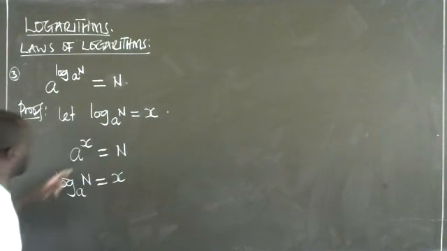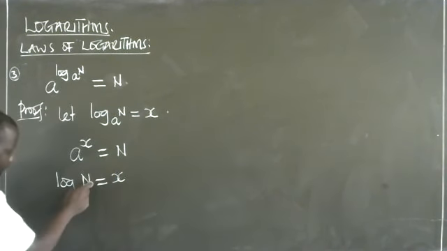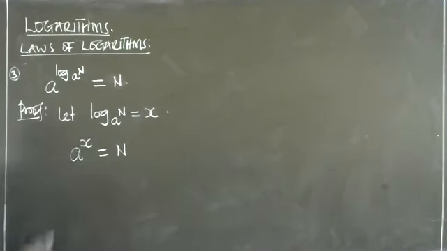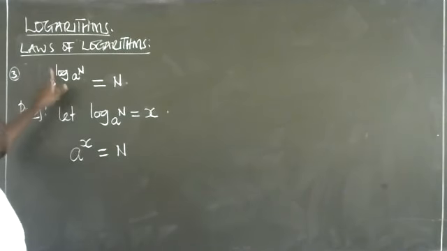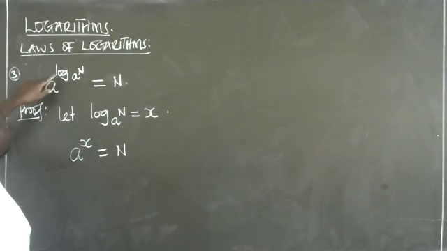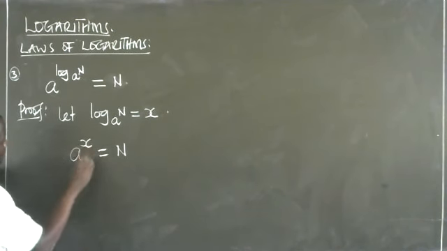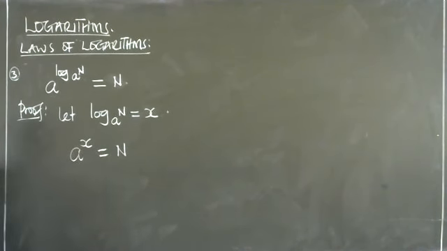I think it comes out directly, even if we don't add this statement. If we let this one be just some power x, then the statement is a power x is equal to n. In which case a power x, this one alone, is already equal to what? n.